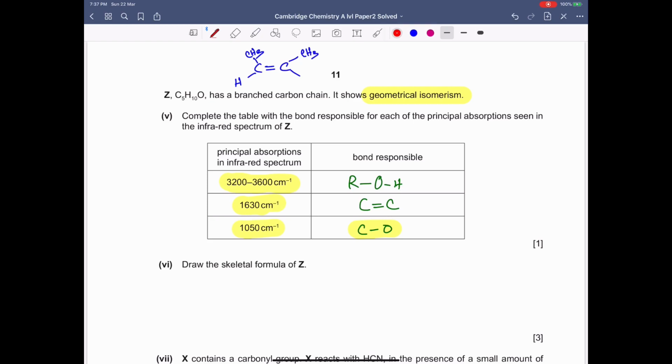We need one more carbon, and we also need the alcohol group. So the structure could be like this. Counting the number of carbons, the structure is like this. So the Z skeletal formula will be like this, with the double bond and OH. You can do the other way around, it's still the same.